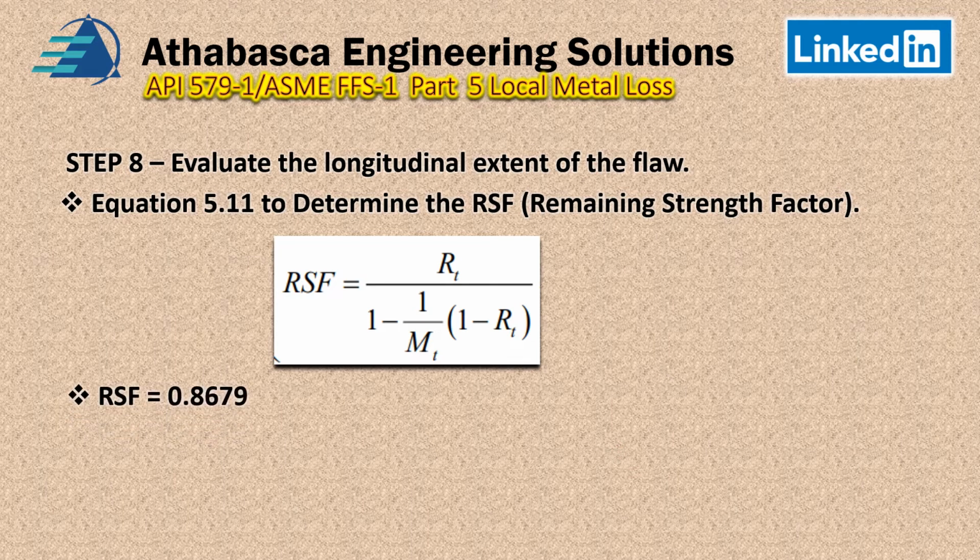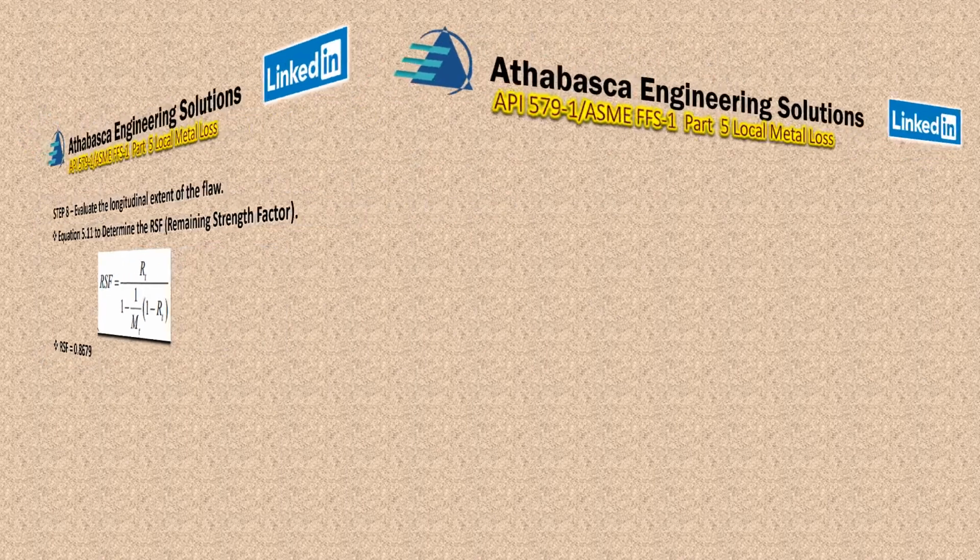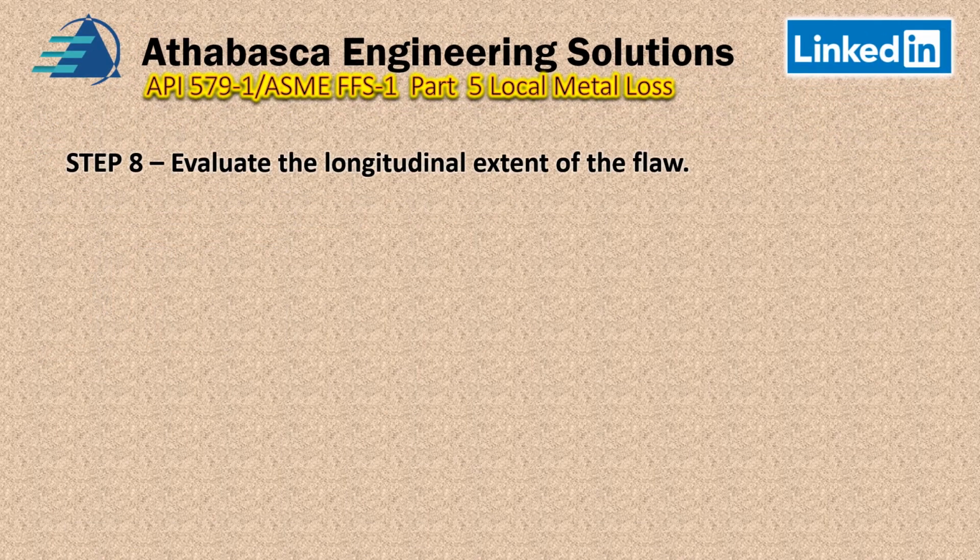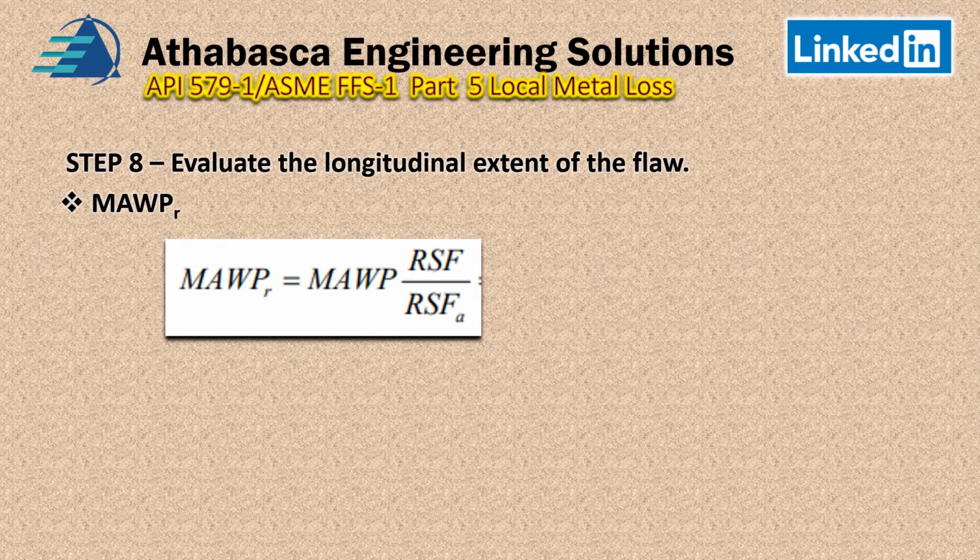So we calculate that, we get an RSF of 0.897. As we wrap up step 8, we make our adjustments based upon the strength reduction factor ratio, to adjust for our required MAWP. And when we do that, we get 369 PSIG.